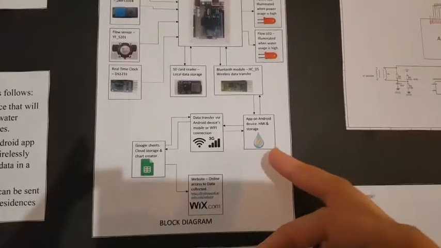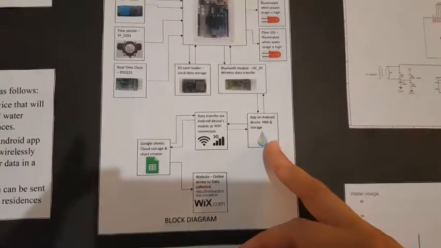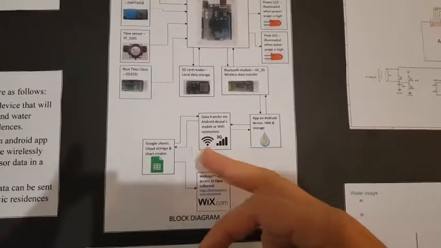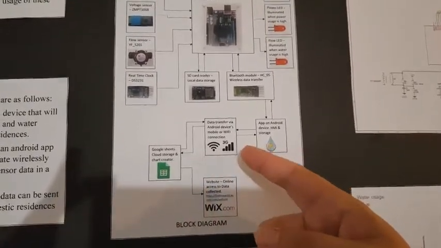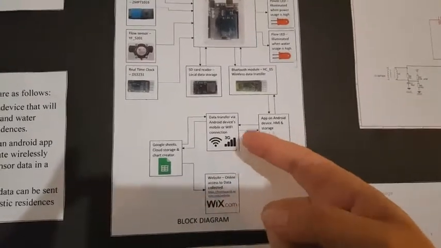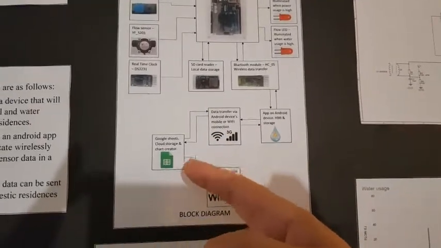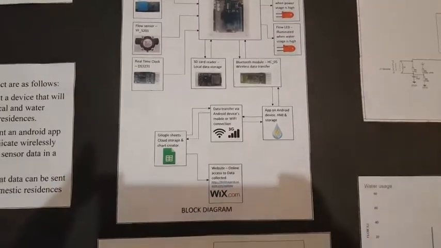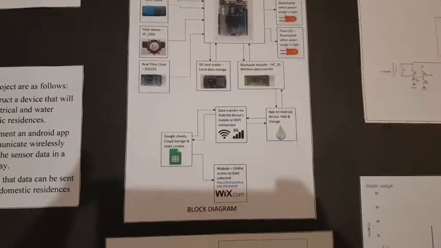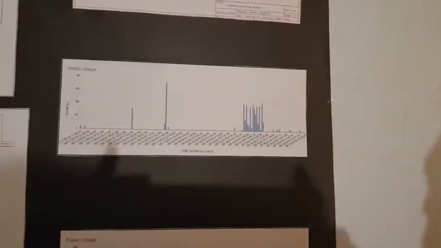The Android app will also be able to upload this information, and it will use the Android device's 3G or Wi-Fi connection to store this data in Google Sheets, which I'm using as cloud storage, and also to generate the charts that we have over here as the final product.